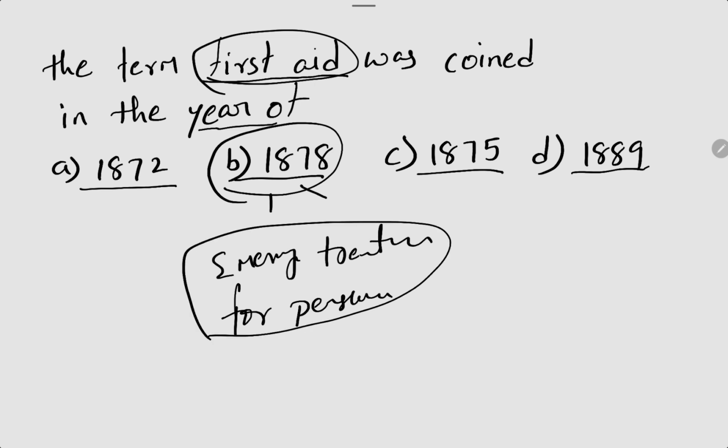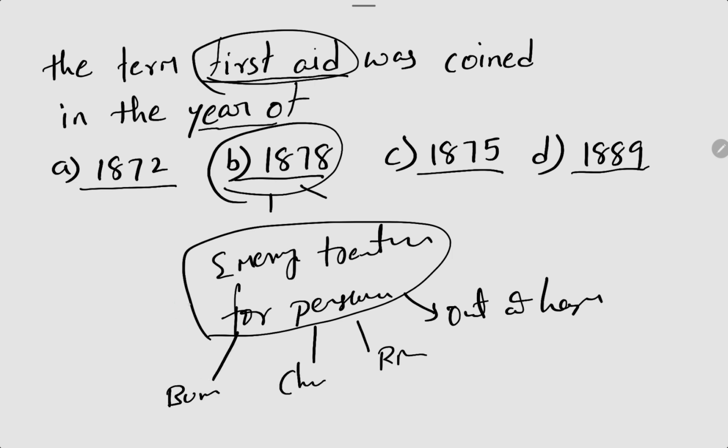First aid can be done outside of the hospital, for example road traffic accident or choking or any burns in the house. Whatever treatment we give the patient to stabilize, to control the bleeding, all these concepts come under first aid.